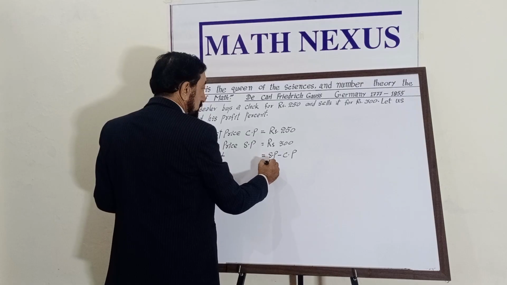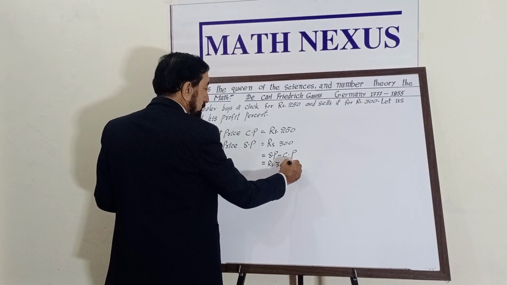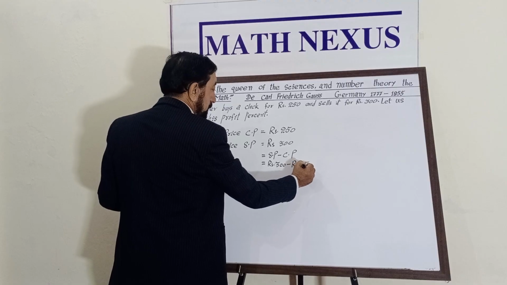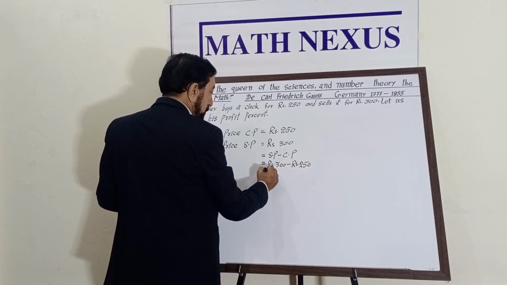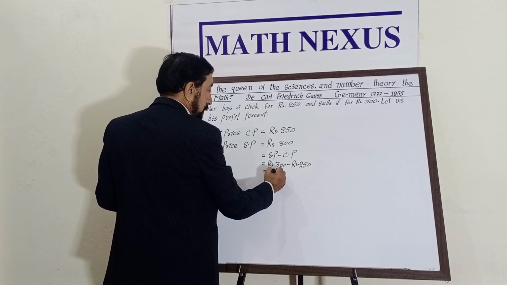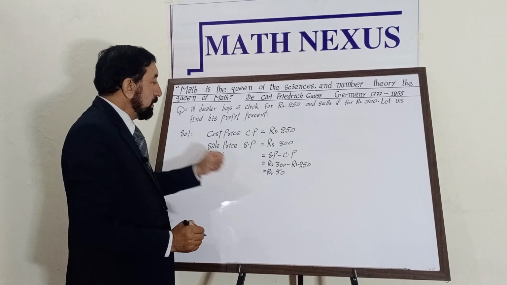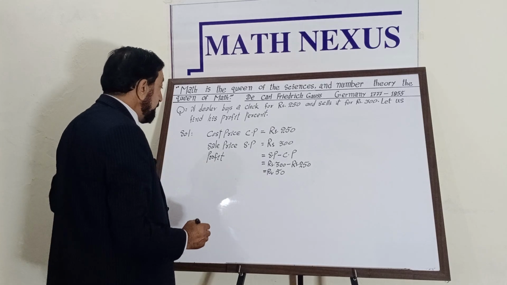Sale price rupees 300 minus 250 is equal to 50. Profit is rupees 50.